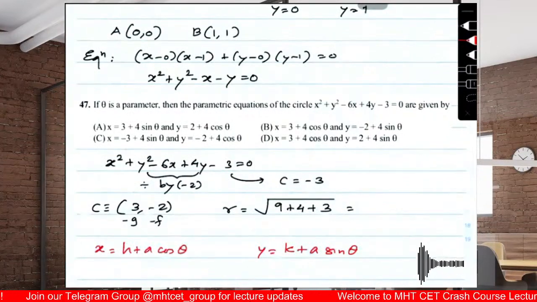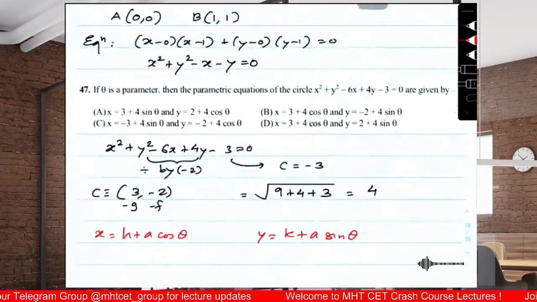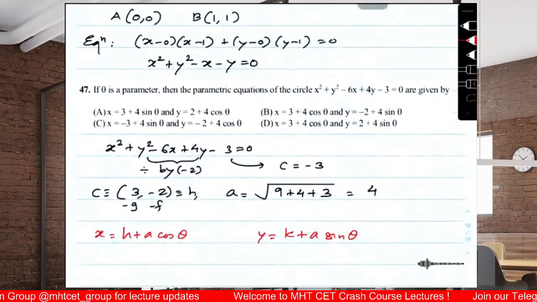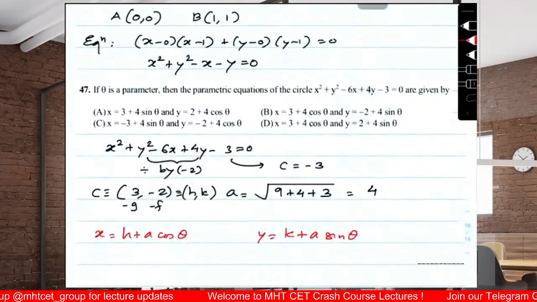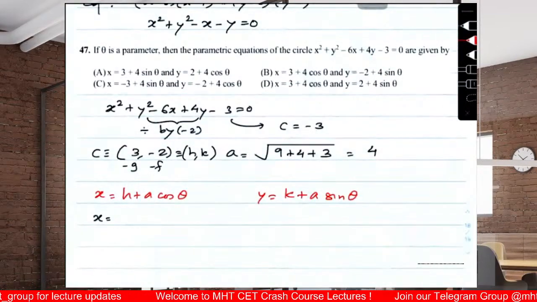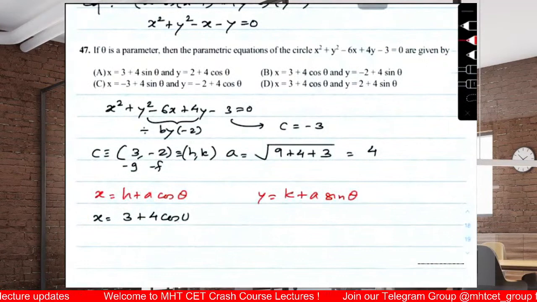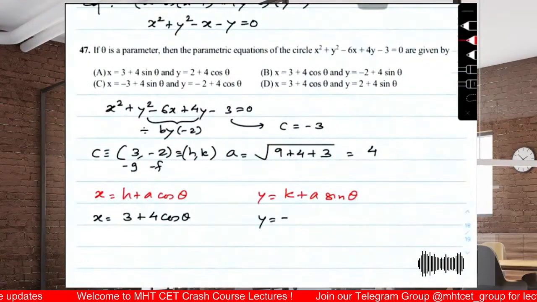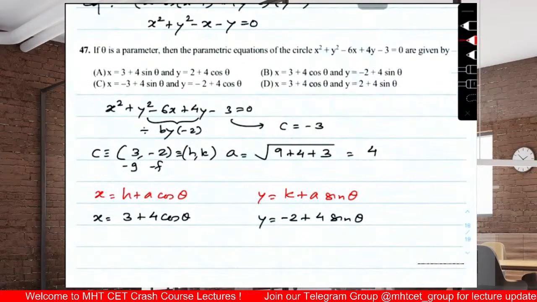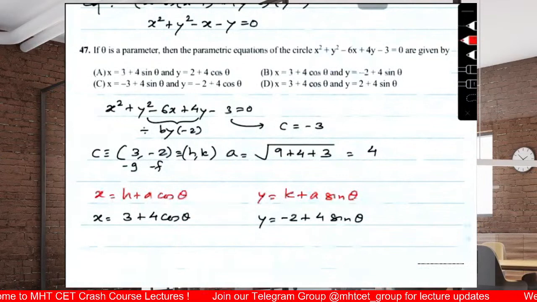Okay, so now 9 plus 7, 16 under root is 4. So we got radius को r या a लिख सकते हो. And these are same as hk. Center is either minus g minus f or hk. So this is 3 plus 4 cos theta. And y is -2 plus 4 sin theta. 3 plus 4 and -2 plus 4, option B.